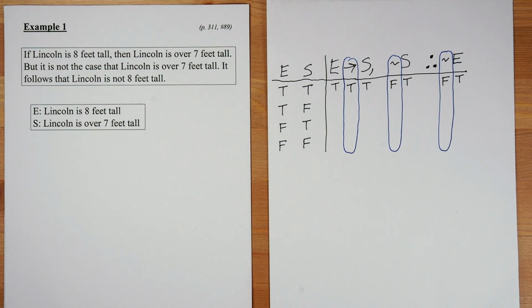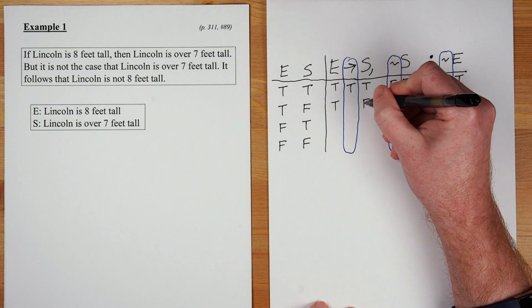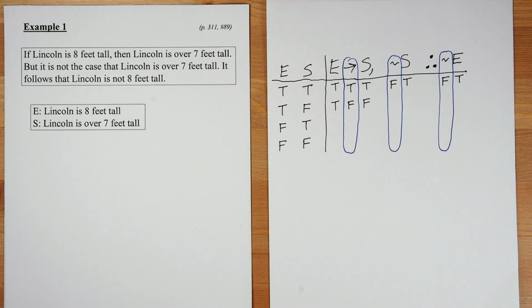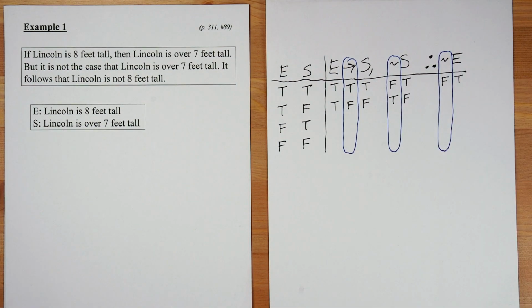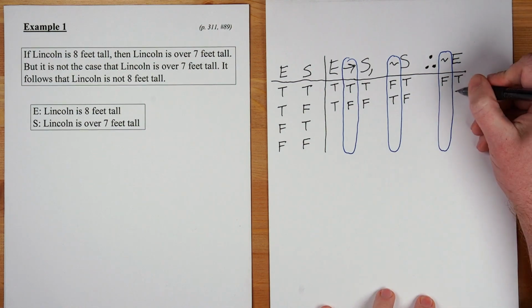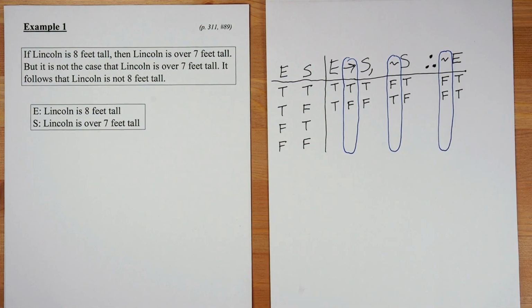Now one scenario row is complete, and we're going to do the same for each row. So on row 2, our first premise is now false because a true antecedent with a false consequent is the one way to make a conditional statement false. Our second premise is now true because this scenario has S being false, and our conclusion will still be false.